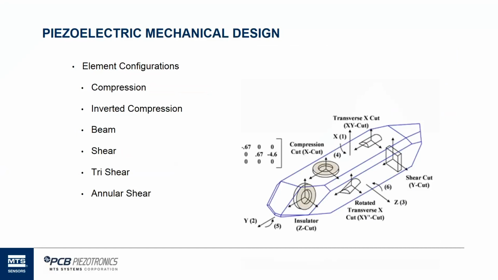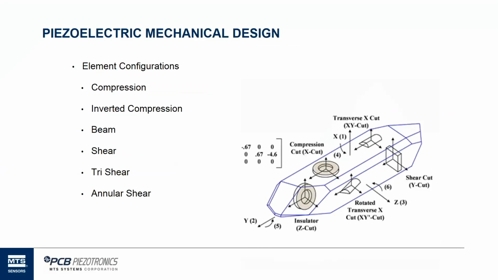And this diagram shows how we can get crystal segments that give us output due to a shear strain, due to a compression strain. These are really the 2 strain modalities we have, and then we assemble those into different mechanical configurations on the accelerometers, which we'll talk about next.